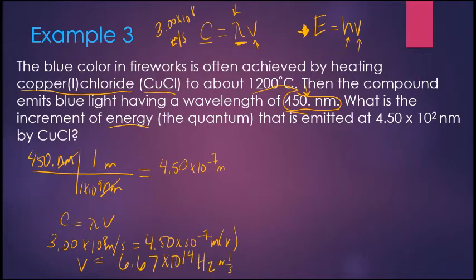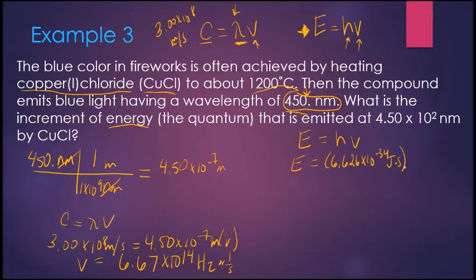Very good. Now that I know that, guess what I can do? I can just use my energy equation now. And energy is going to equal Planck's constant, which is that 6.626 times 10 to the minus 34 joules times second value that's given to you. That is the constant.